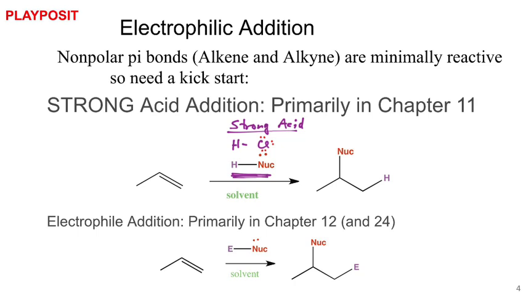The other big thing to watch out for is that a lot of this chemistry is going to be dictated heavily by the starting structure we look at. If we think about what I drew up on Monday, we just looked at a single nonpolar pi bond. Both of these carbons in that pi bond are equivalent, so it doesn't matter where we would start putting our electrophilic atom.